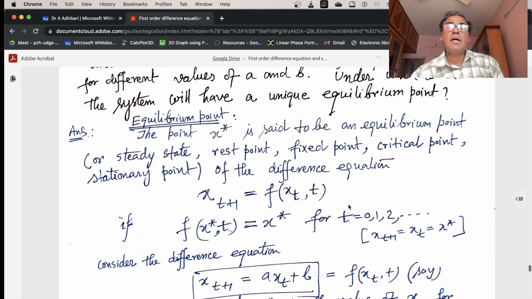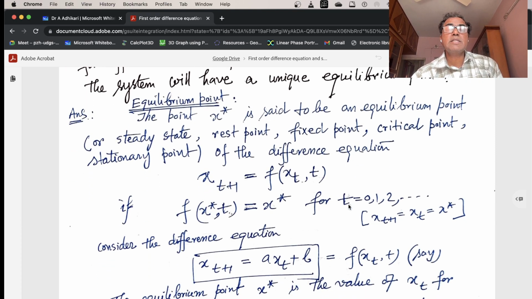Now, x star is said to be an equilibrium point, or steady state, or critical point, or rest point, or fixed point, or stationary point of the difference equation x_{t+1} equal to f of x_t comma t, where t is the time parameter. Here, if f of x star comma t equal to x star, that is, we put x_{t+1} equal to x_t equal to x star for the equilibrium point x star.